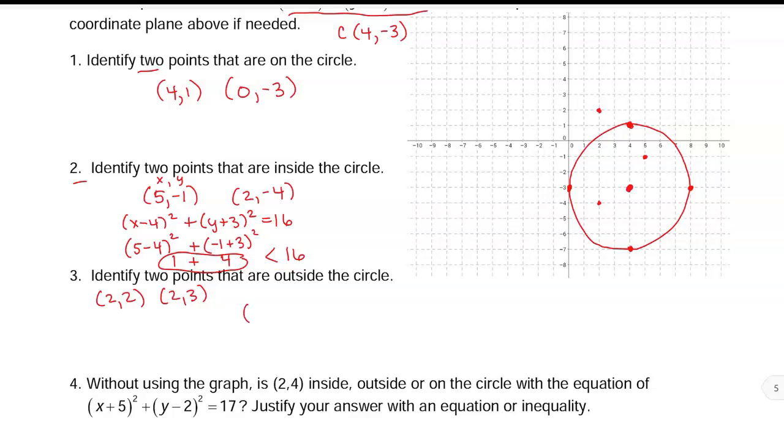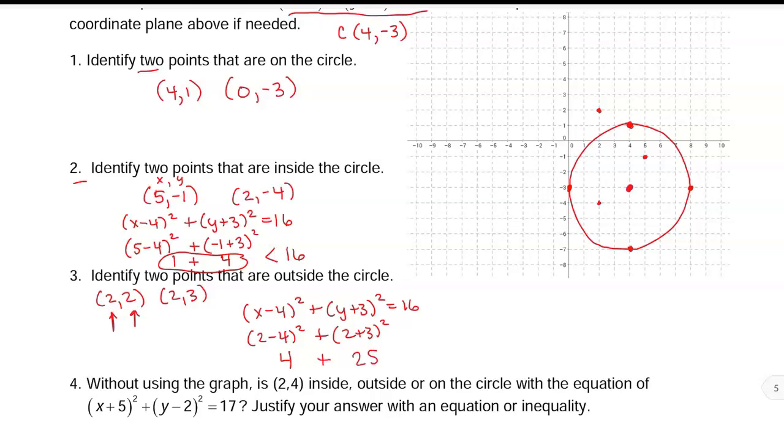Here's the equation of the circle. (x - 4)² + (y + 3)² = 16. I'm going to substitute in a 2 for x and a 2 for y from our ordered pair (2, 2). That would give me (2 - 4)² and (2 + 3)². 2 minus 4 is -2, and when you square that, you get 4. 2 plus 3 is 5. 5 squared is 25.